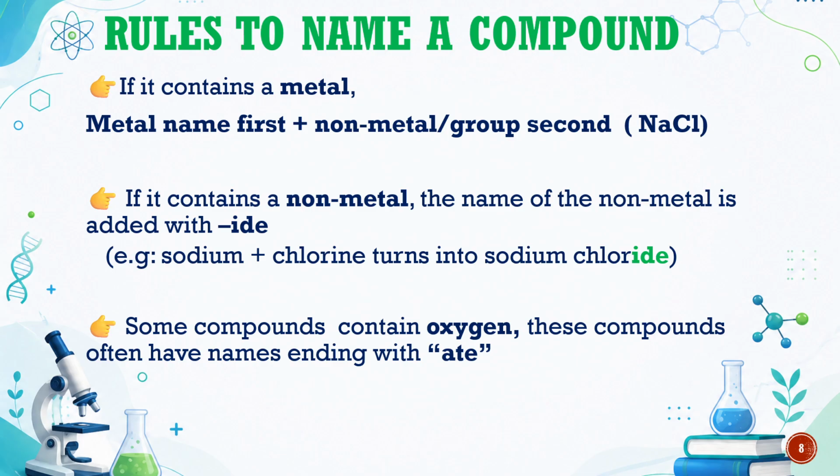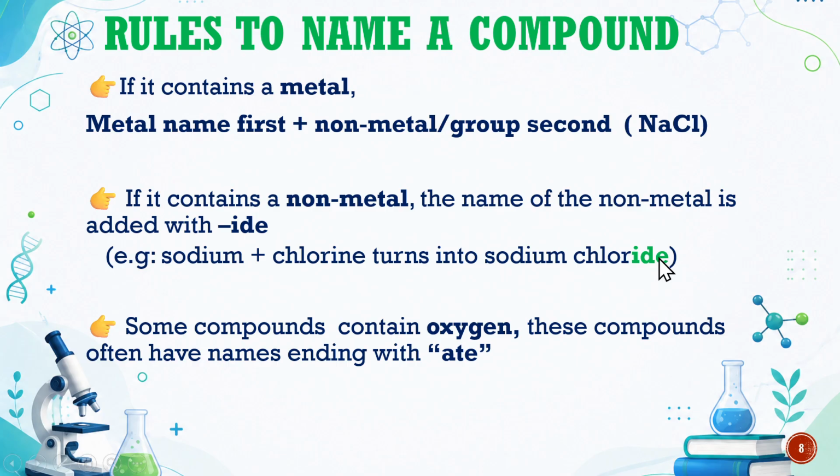So, if a compound has a metal in it, let's say sodium and chlorine are combined to form sodium chloride, and sodium is a metal, then the metal name comes first, and then we have the non-metal or the group second.